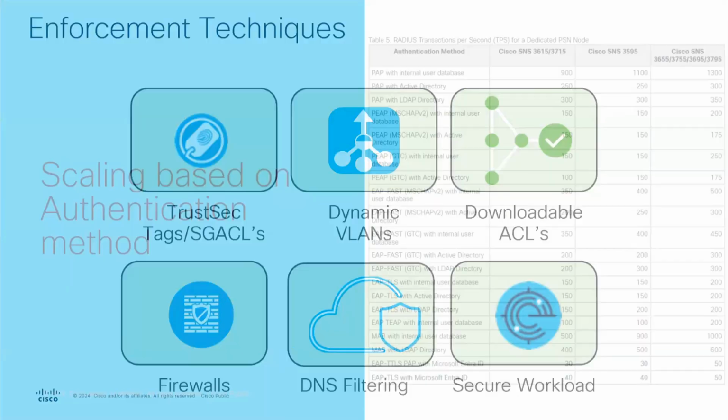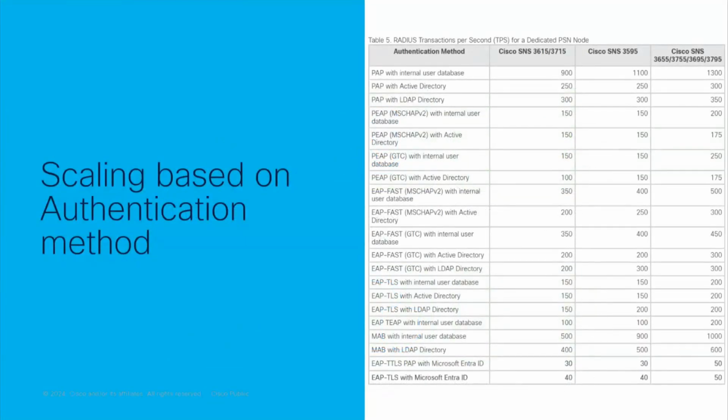So coming back to the idea of scaling based on authentication mechanisms, we know that authentication mechanisms in terms of transactions per second for the less complicated capabilities such as PAP or even some of the PEAP capabilities are going to be significantly higher in scale than some of the more challenging ones like TEAP or EAP-TLS, et cetera.